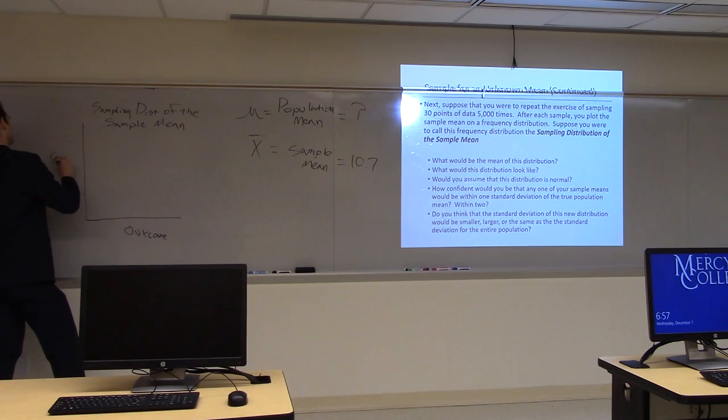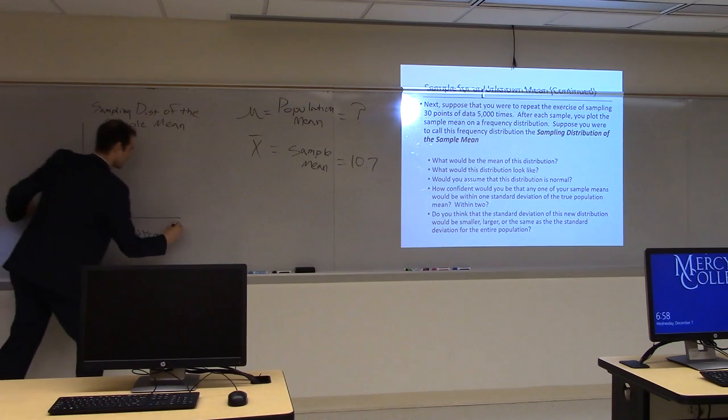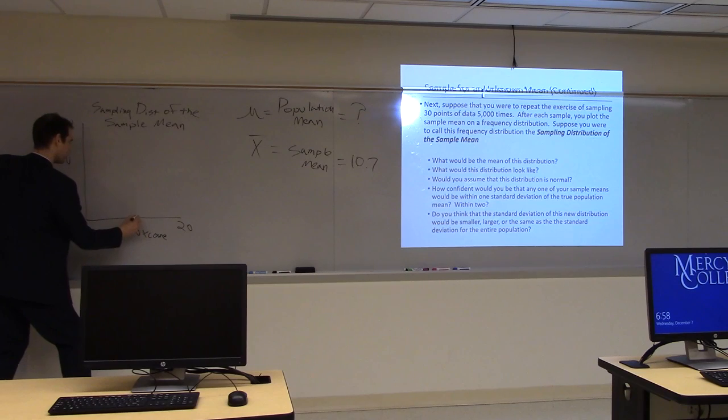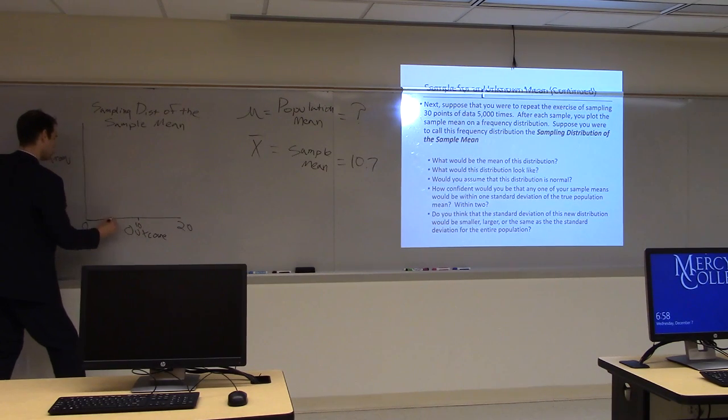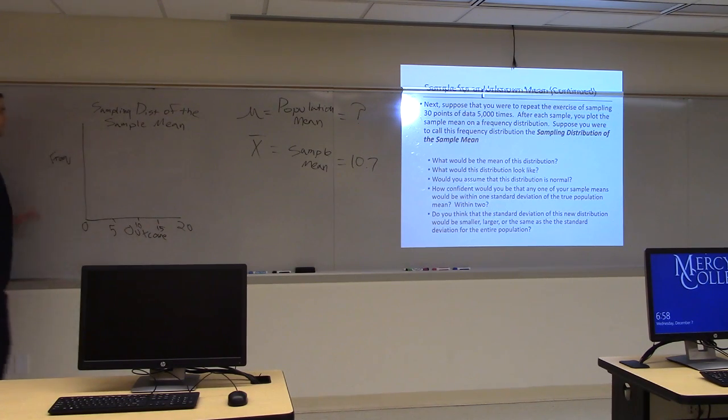These outcomes are going to start at 0 and go all the way up to 20. Right in the middle is going to be 10, 5 would be here, and 15 would be here.